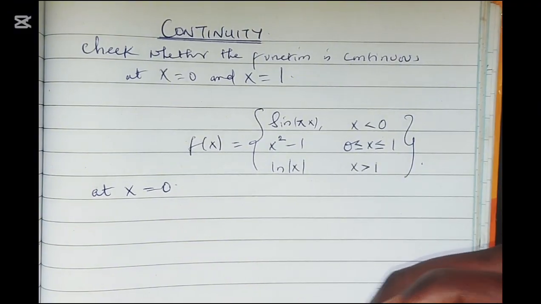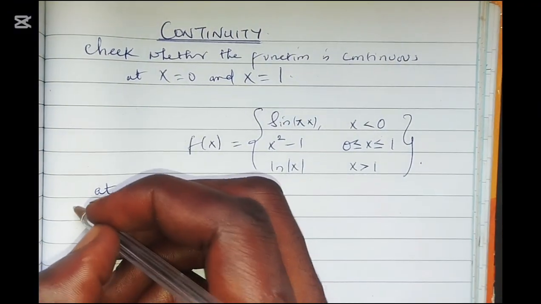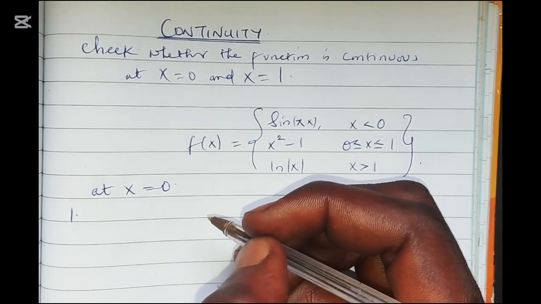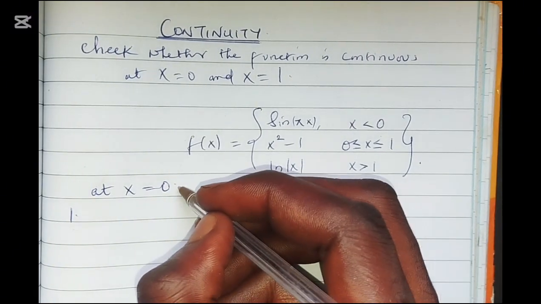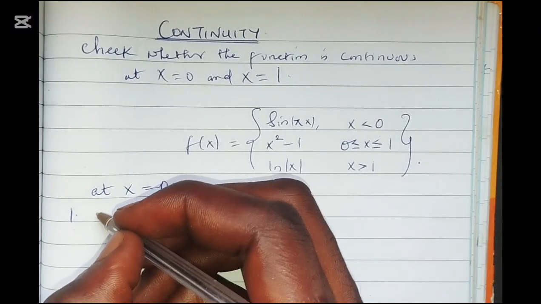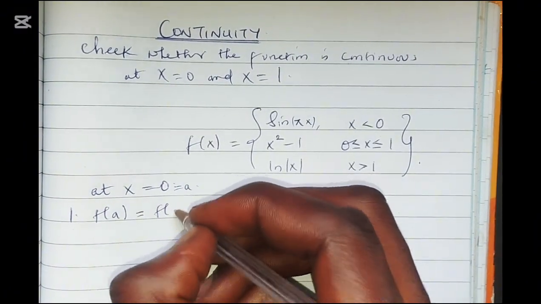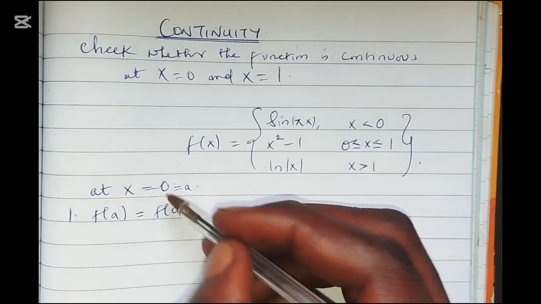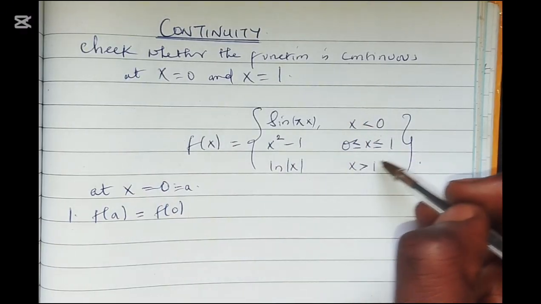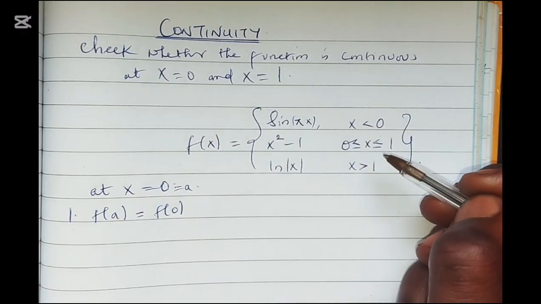We have three conditions for this. The first one says to check if f of a is defined, and this is x equals 0, and a equals 0. So f of a is equal to f of 0. Now at x equals 0, check our conditions here. Where do we have x equals 0?